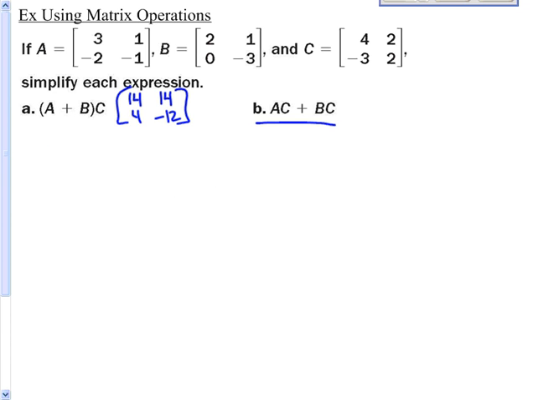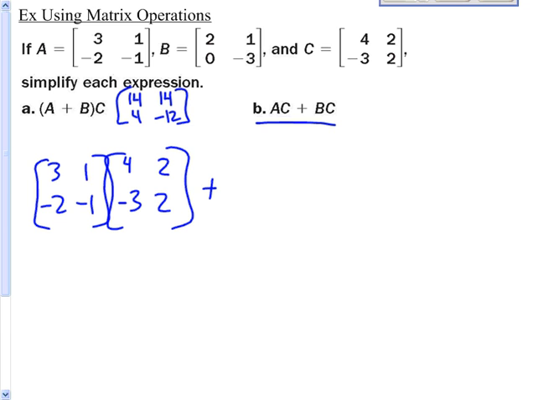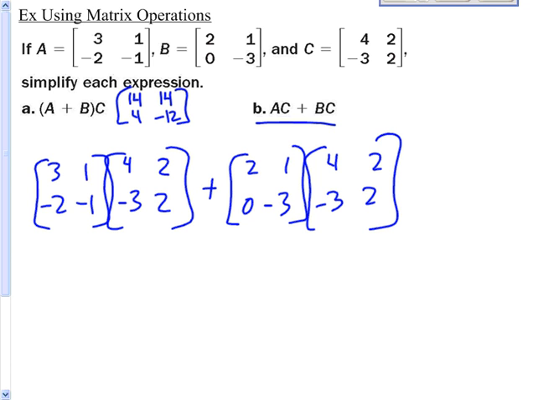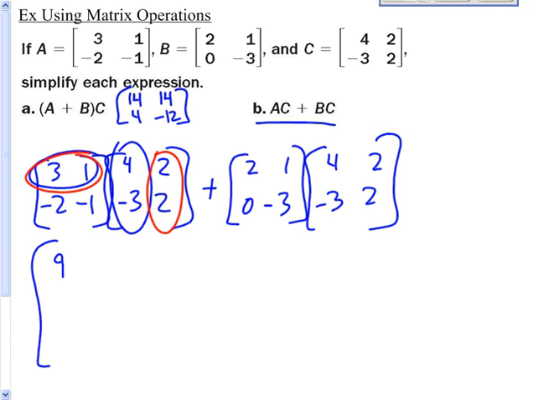All right, now AC plus BC. Okay, so A times C plus B, matrix B, times C. All right, so this one, here we go. 12 plus negative 3, we got 9. 6 plus 2, we got 8.